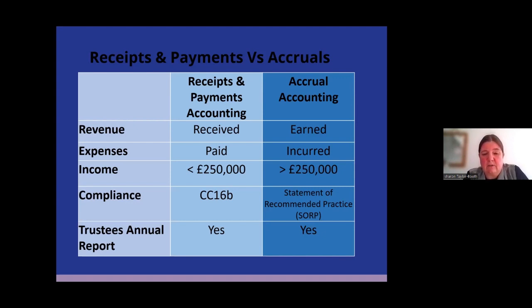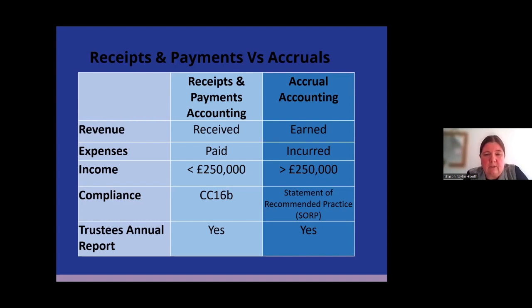With income of less than £250,000, you can prepare a set of receipts and payments accounts. Compliance is with a document called CC16B. It is a checklist of what you should or shouldn't do. Very simple. And you would have to prepare a trustee's annual report.